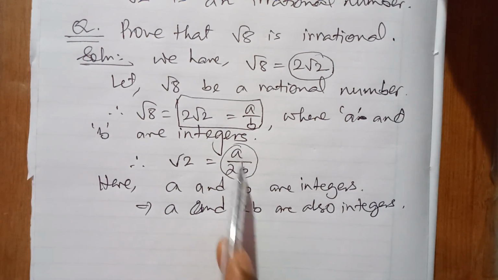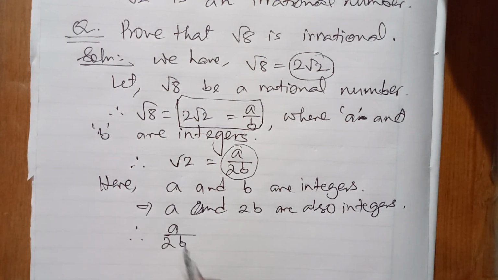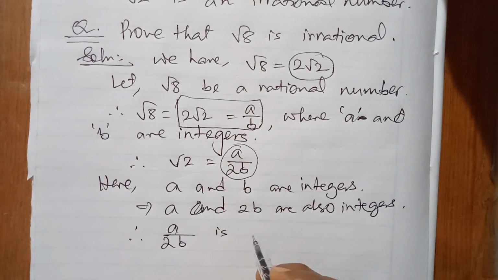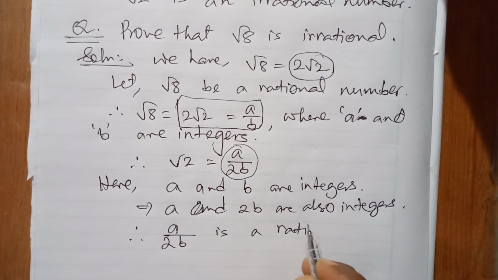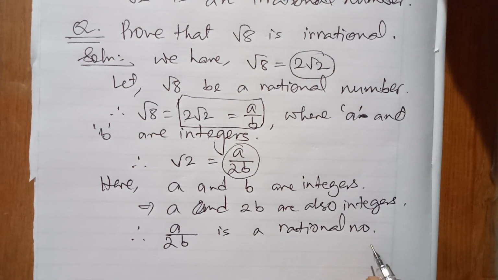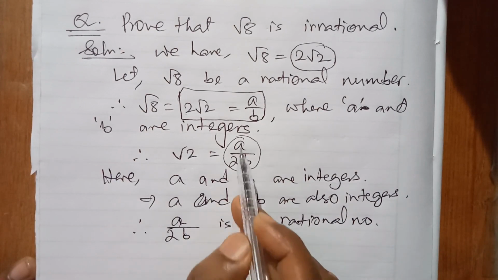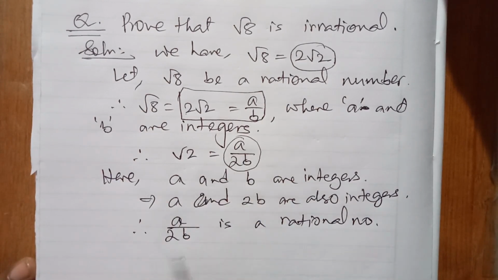So if a and twice b are integers, it will be a rational number. Therefore a by twice b is a rational number. Now a by twice b is equal to root 2, so replace this by root 2.